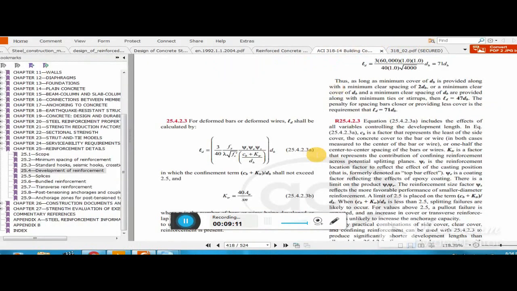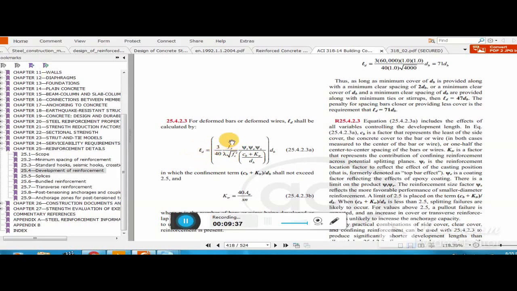The basic formula used for calculation of development length in the ACI code, you can see right here, is from the ACI 318-14 edition. That is the development length formula, a very lengthy formula. You see, the development length is proportional to the yielding stress. This means if you want your bar to yield, you need development length.